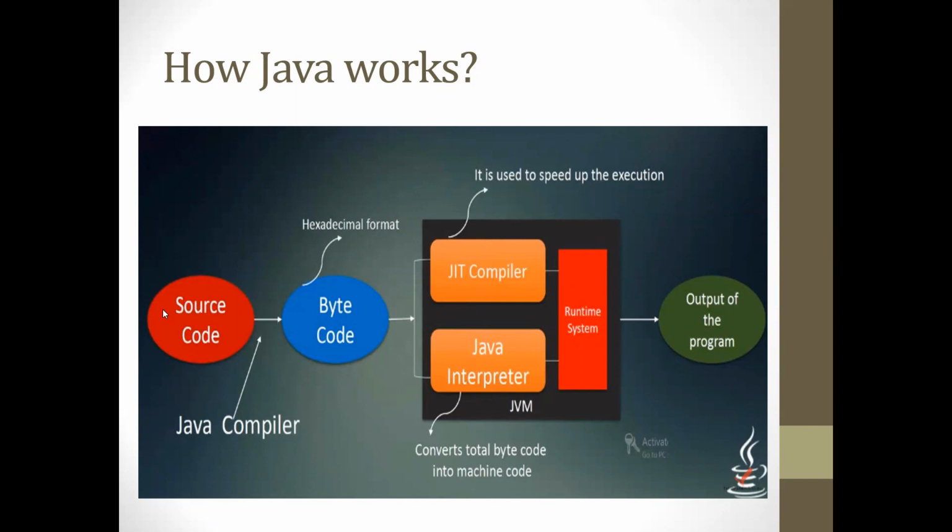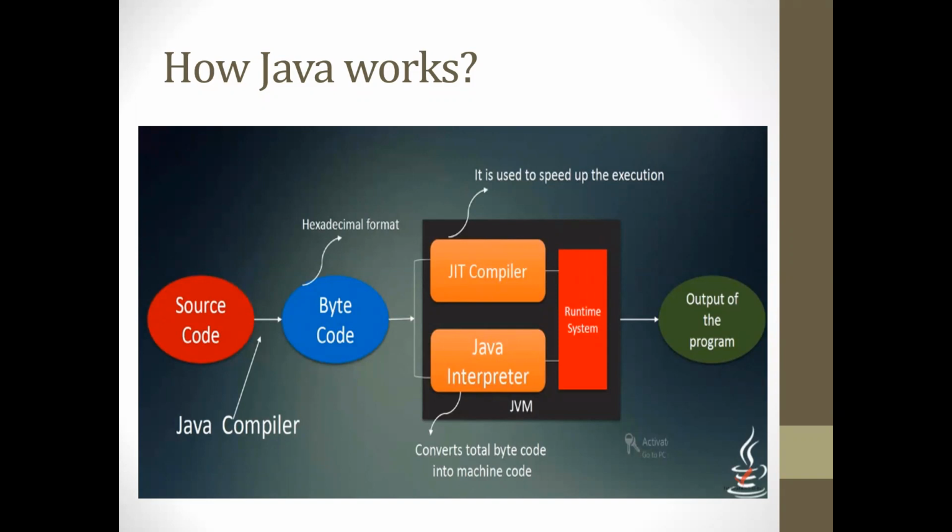First, we write the code. We give the command javac, that is the compiler, to work, which converts a high-level language into the bytecode. Afterwards, the bytecode is transferred to the JVM. Within the JVM, there is an interpreter and a JIT.